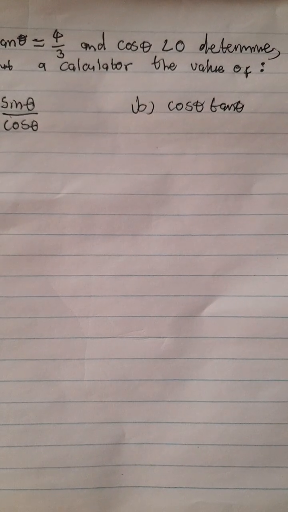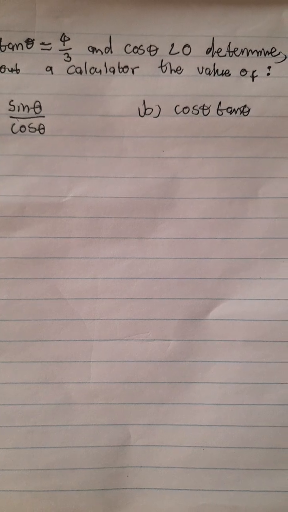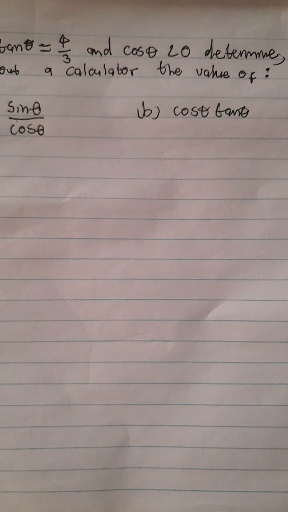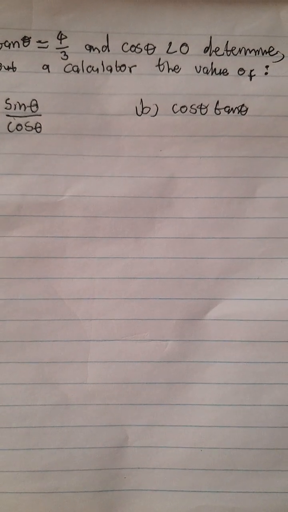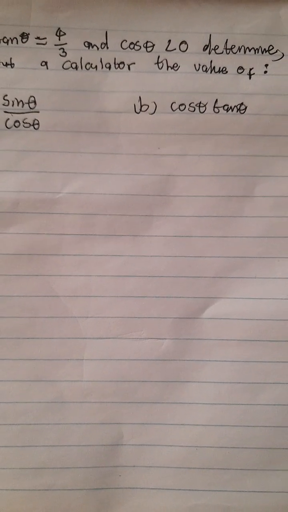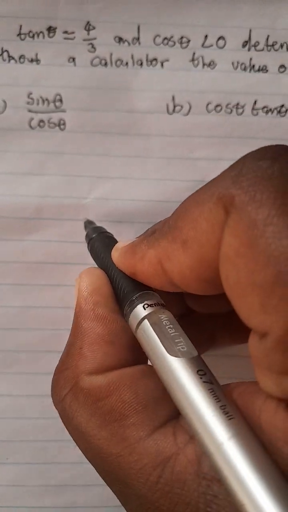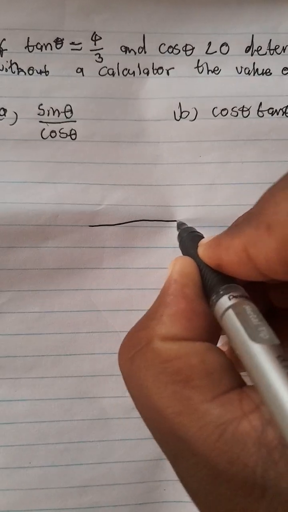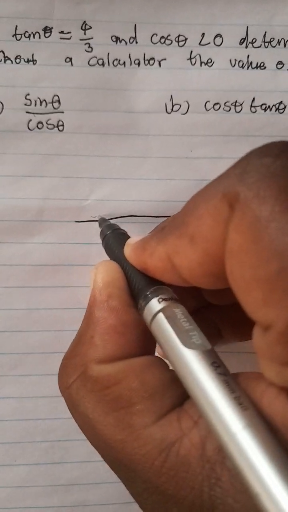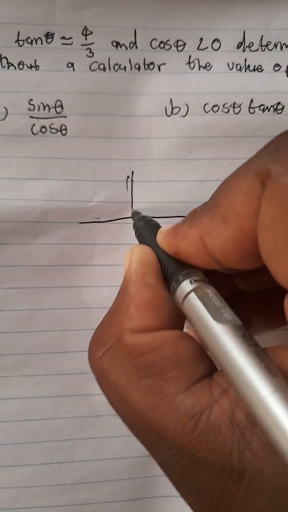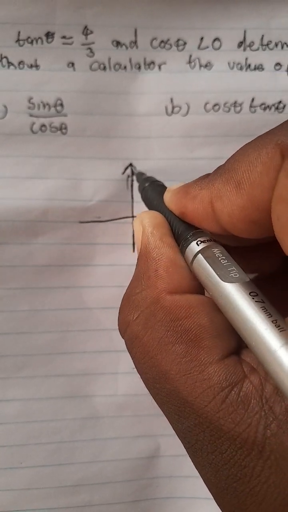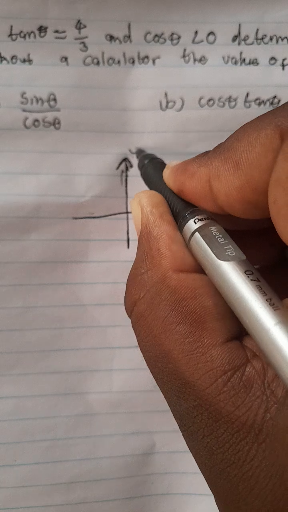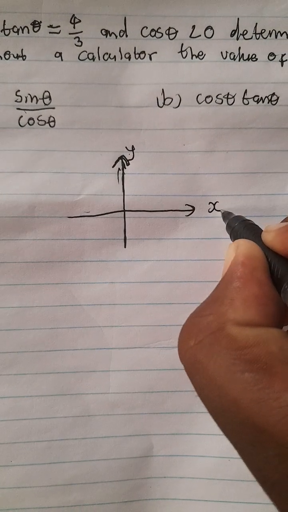Why am I saying negative? Let's put that into practice so that you understand what I'm saying, because I'm speaking a lot of theory there, right? Here's your Cartesian plane. This is the y-axis, this is the x-axis.